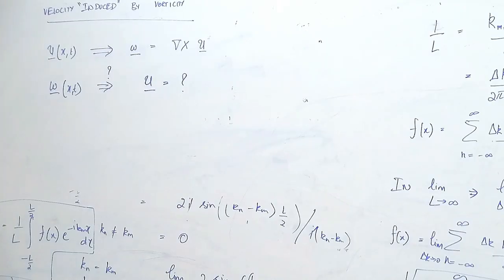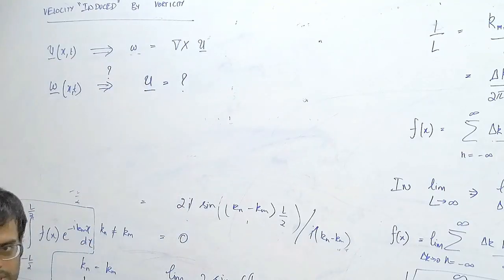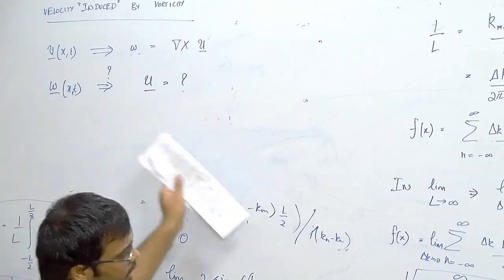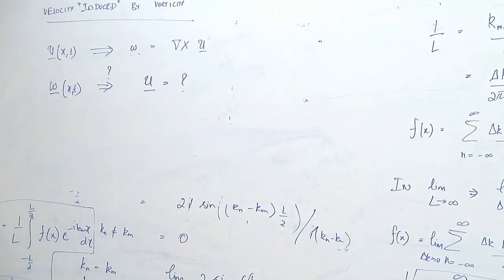This is the question that we are going to address. It does not really look like a problem that we are trying to solve, but we will use the Fourier transform, and actually there is a very nice closed form expression for velocity induced by vorticity. Knowing the velocity, you can calculate vorticity, but what about the reverse? And to solve that, we will use all of this on Fourier transforms.